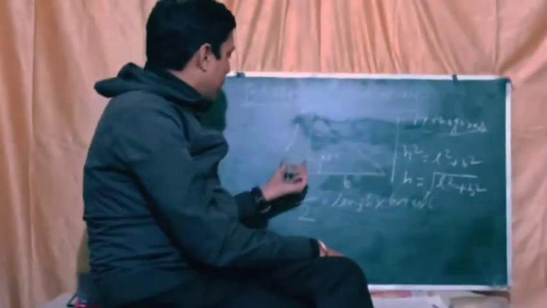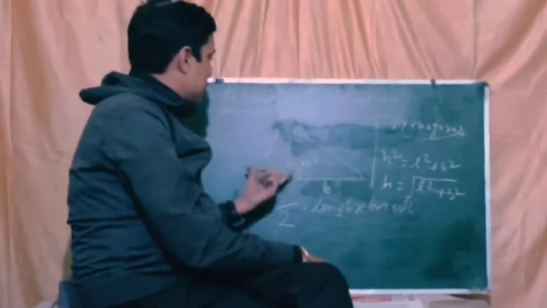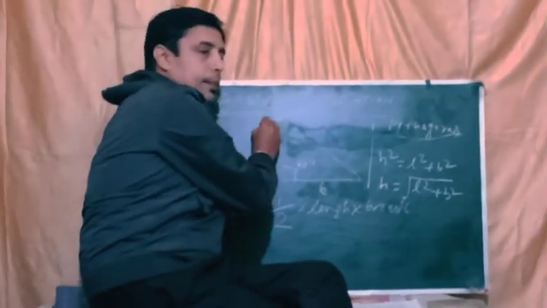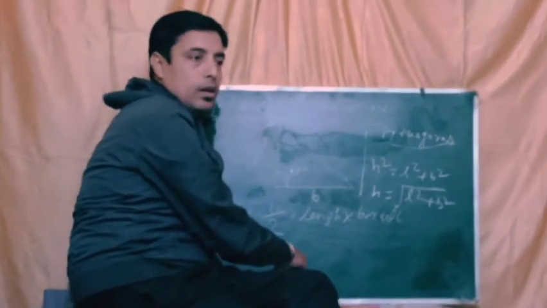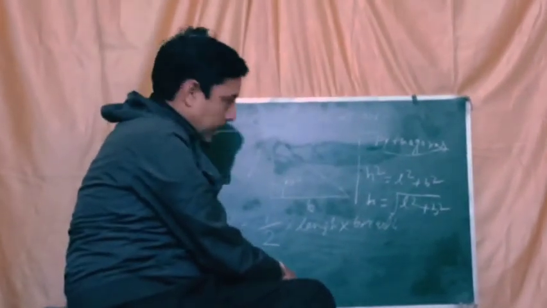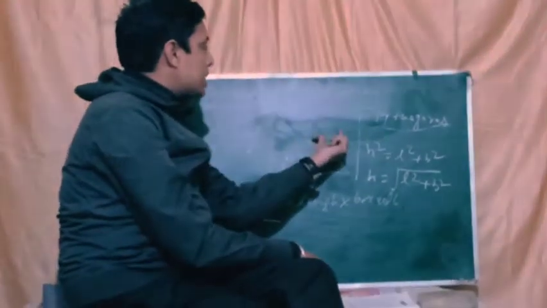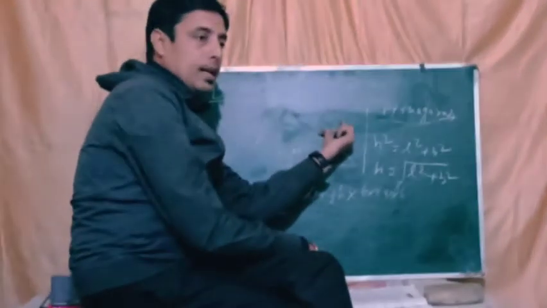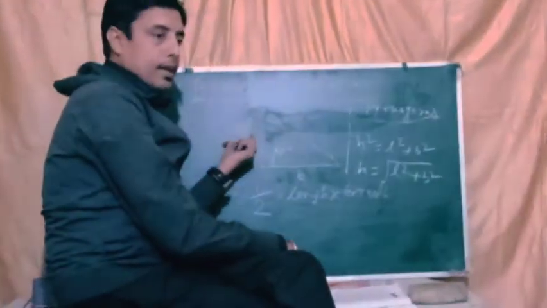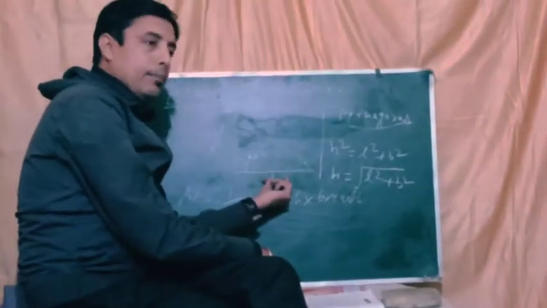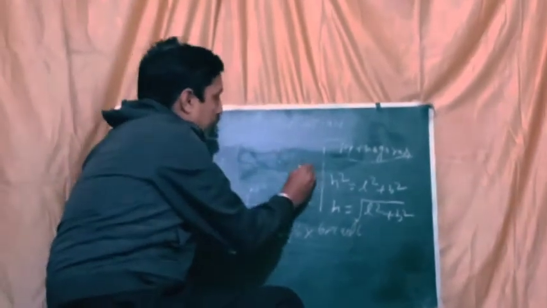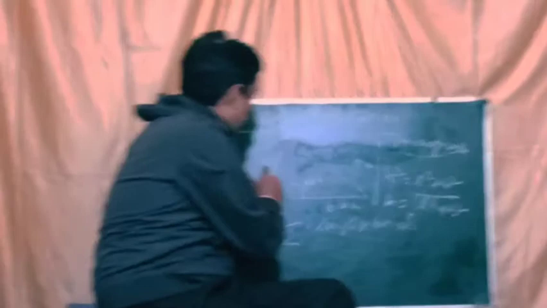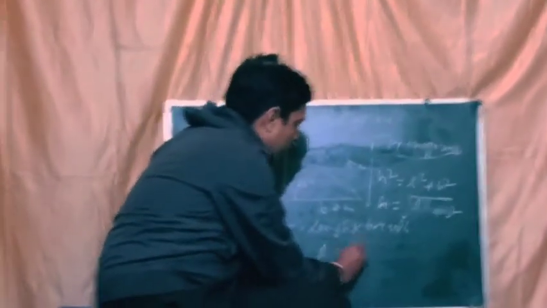And if you want to find the area, suppose this is 5 centimeter, this is 3 centimeter, then the area is equal to 1 by 2 into 5 into 3. Right? And suppose this is 5 centimeter and this is 4 centimeter, and you have to find L. Then what will you do?